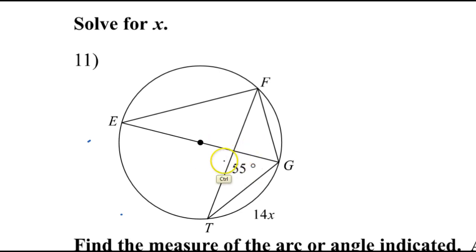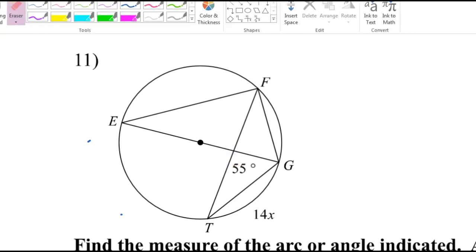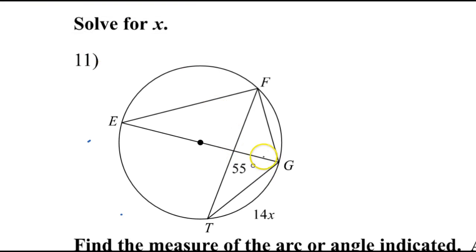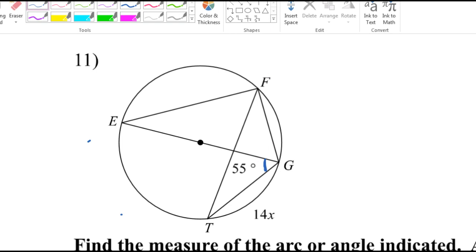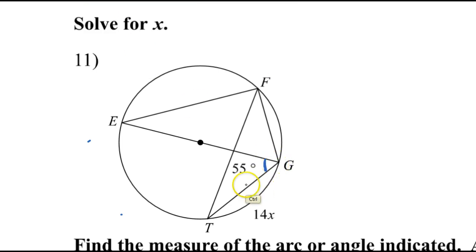I had to delete my first attempt because I thought that this 55 degrees was supposed to be this angle right here, the angle that is clearly closest to it. But turns out, no. This 55 degrees is supposed to be this angle right here. So that suddenly makes the problem solvable.